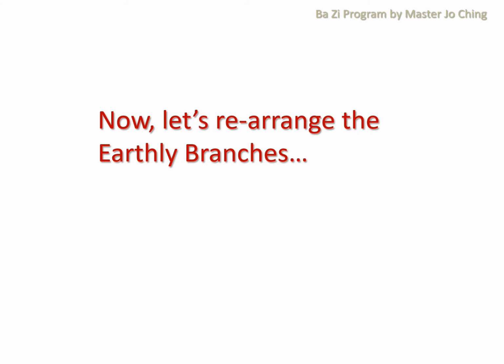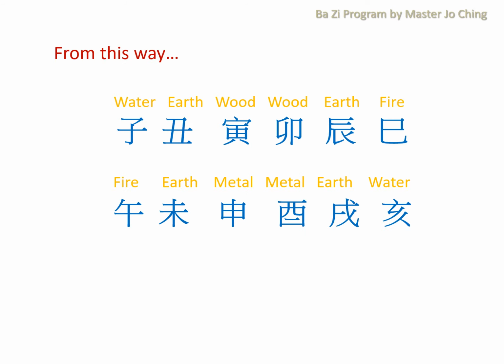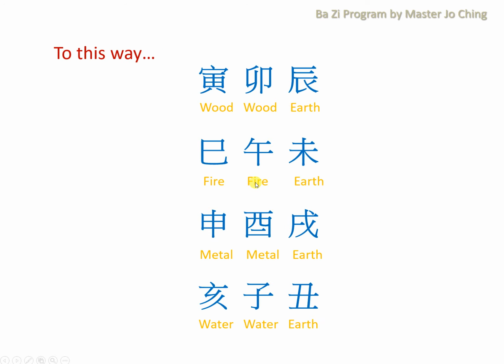Okay, now let's rearrange the earthly branches this way: 寅卯辰巳午未申酉戌亥子丑. Probably presenting them in this manner will help you to see things and memorize things even better.